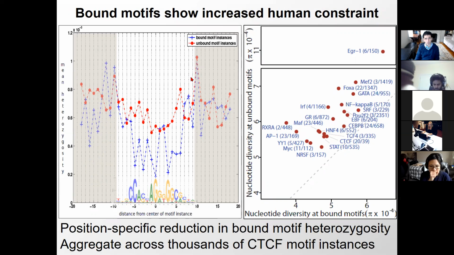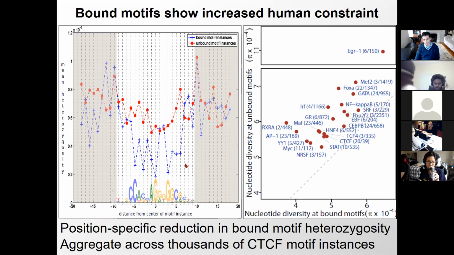So here's one example where you can look at the bound versus the unbound motif instances for TCF. And indeed, you can see that this signal drops dramatically for the bound motif instances, suggesting that this heterozygosity, which is the amount of substitution that you have within the human population, is in fact indicative of constraint.